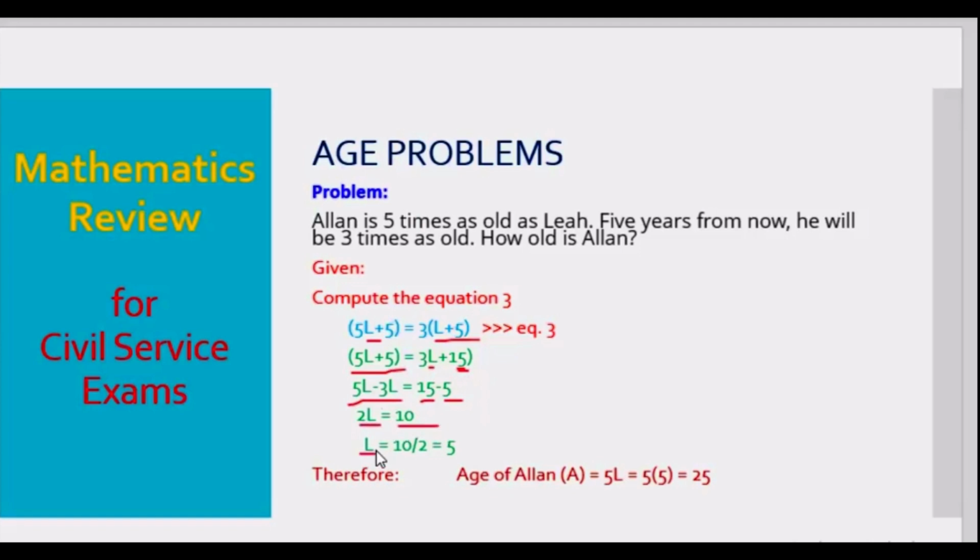So L equals 10 over 2, which is 5. So this is the age of Leah. But the problem is looking for the age of Alan, which is 5L. So the age of Alan equals 5 times 5, which is 25. So this is the answer.